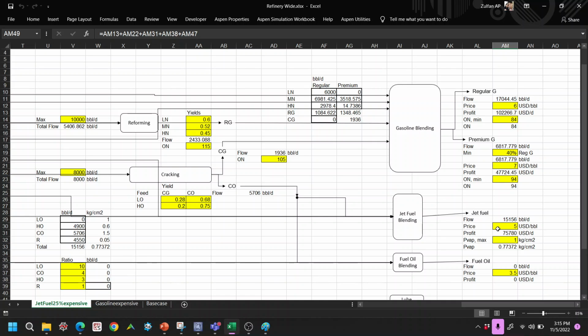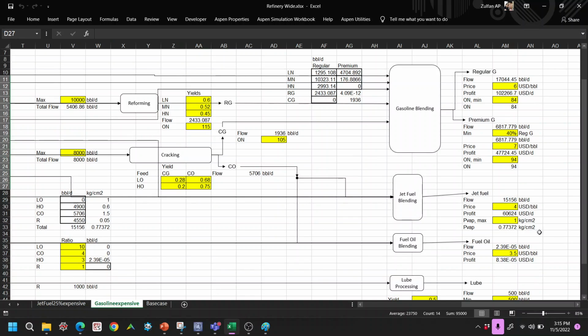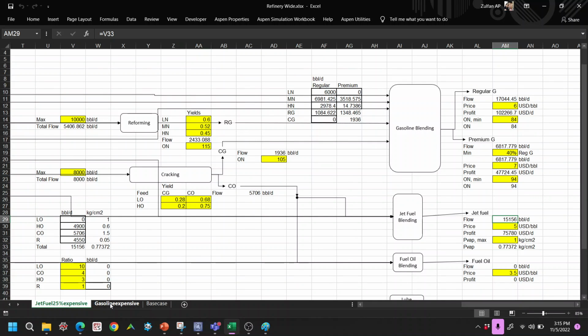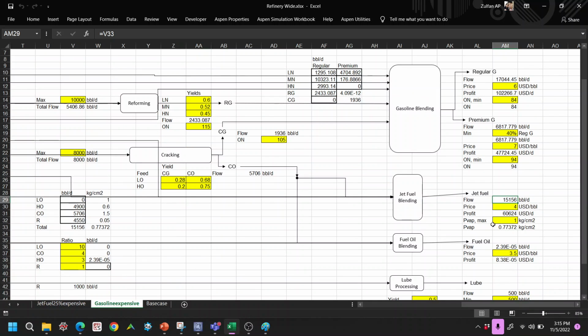So this one makes 15 kbd for the more expensive jet fuel, and it's also 15 kbd for the same gasoline. So it doesn't really matter, apparently. After long explanation and evaluations, apparently the amount of jet fuel being produced is not that much.